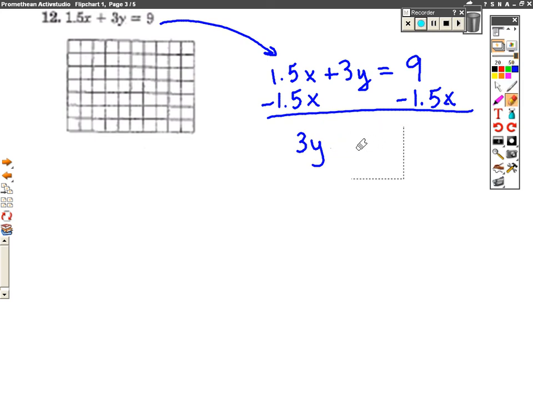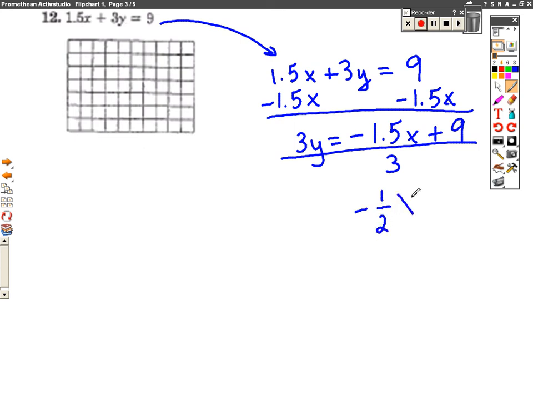Sorry, make this a little neater. Negative 1.5x plus 9. Then I'm going to divide everything by 3. Negative 1.5 divided by 3 is negative 0.5, but I'm going to leave that as a fraction. And then 9 divided by 3 is 3.